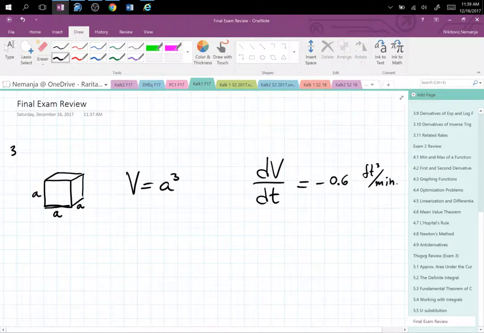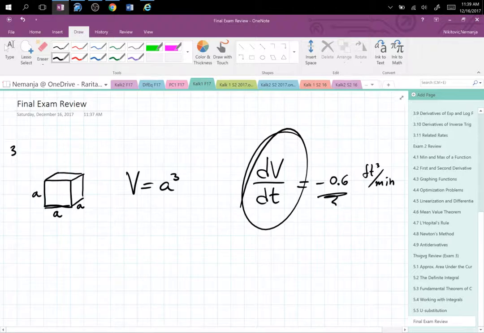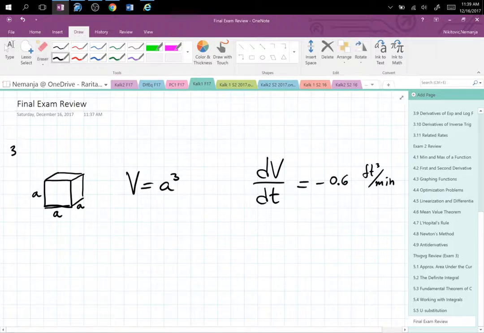Now, the fact that they gave me units, I can check if my name for this particular number is correct. We see the volume part and we see feet cubed. Feet cubed, that's a volume, so that's good.